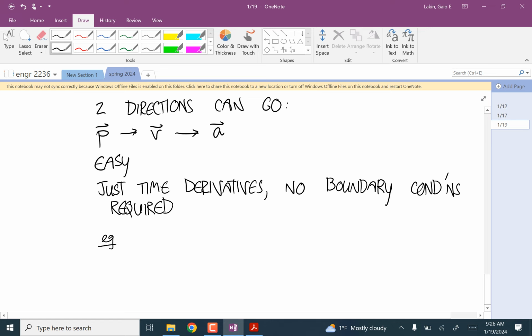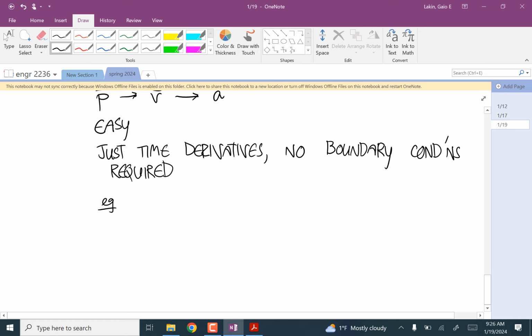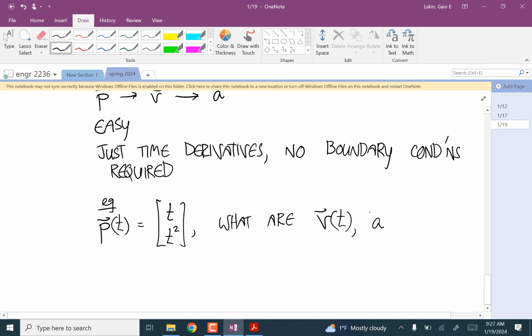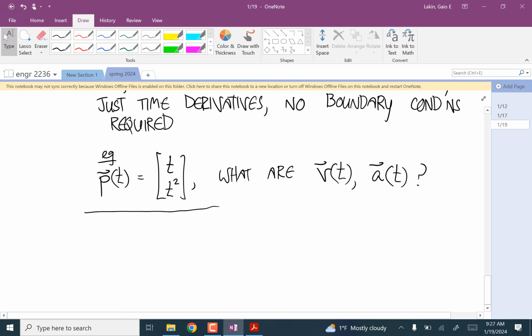So, for example, let's say that you know the position as a function of time is equal to t squared. And we want to know what's the velocity as a function of time and the acceleration as a function of time. Okay, I'm not given any boundary conditions because you don't need them.